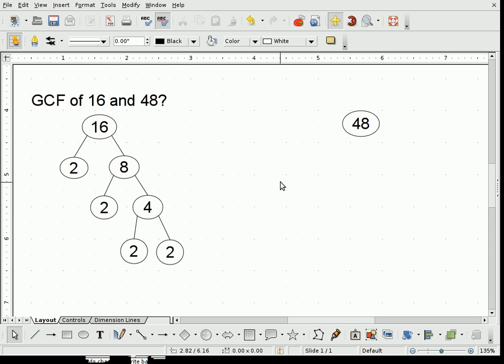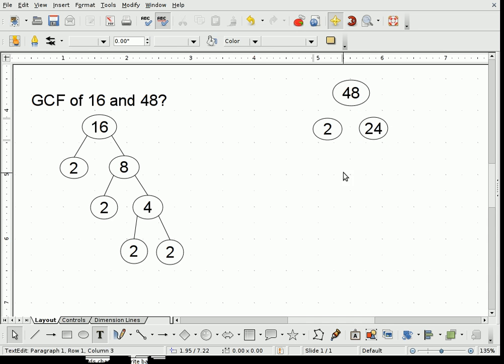That's 16. 48 is a little bit longer, so we're going to move it up here. 48 is divisible by 2 for sure, because the number ends with 2, 4, 6, or 8. And 48 divided by 2 is 24. So we put 24 here, and we make nice connectors, just like this.